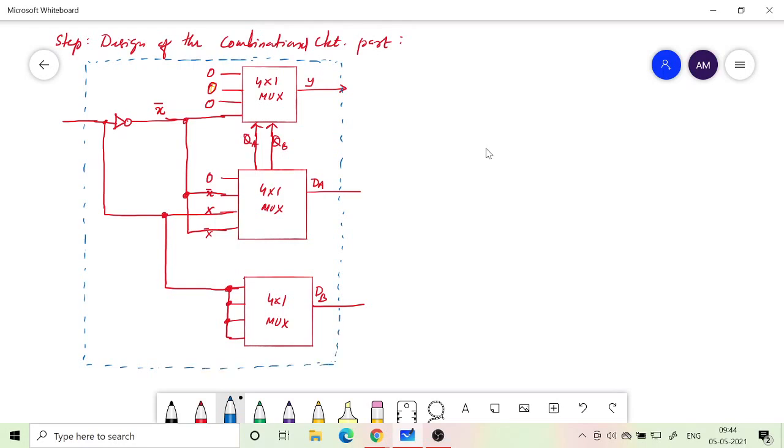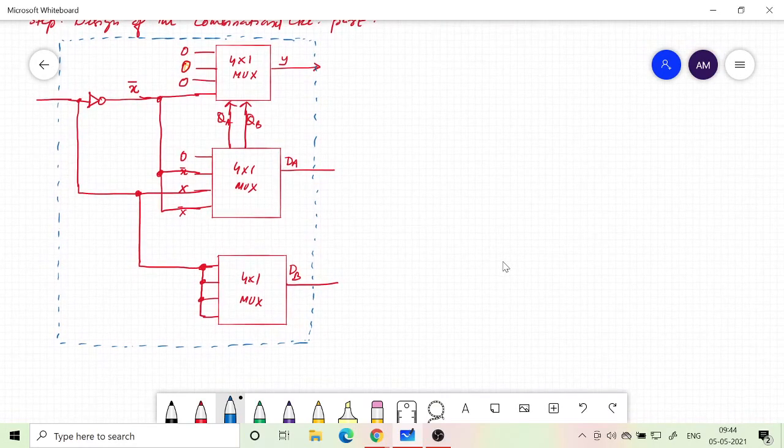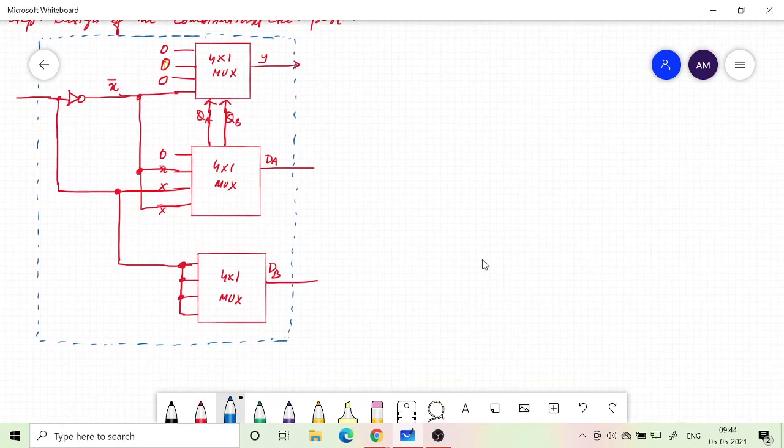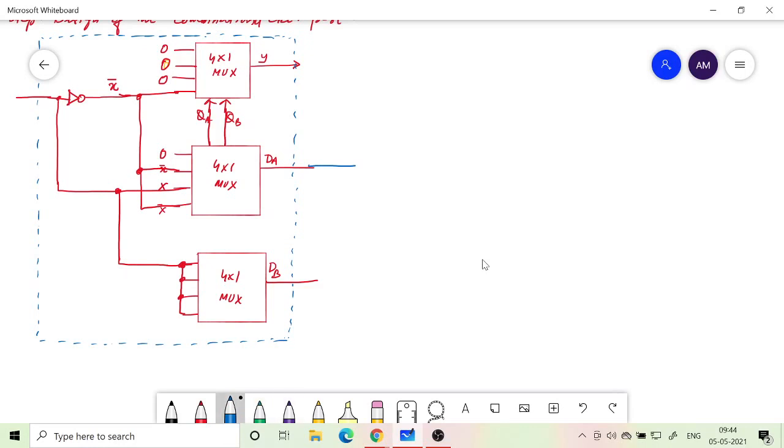So I have some combinational circuit part in this sequential circuit, and then I have other things. What is the other thing? I have basically the storage element. The storage element is basically two flip-flops.